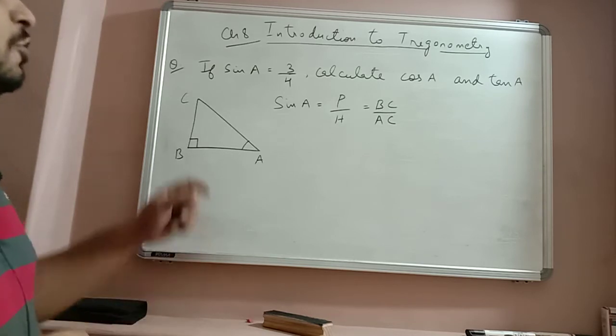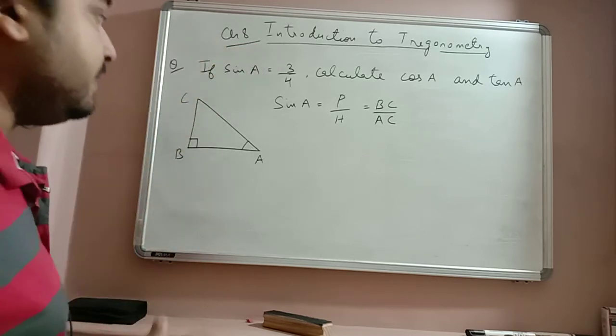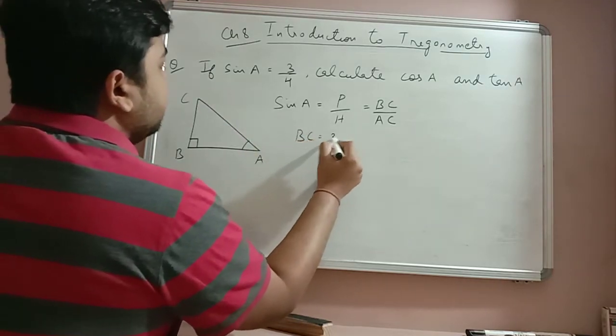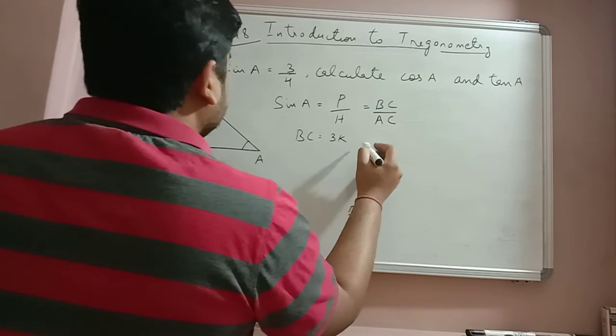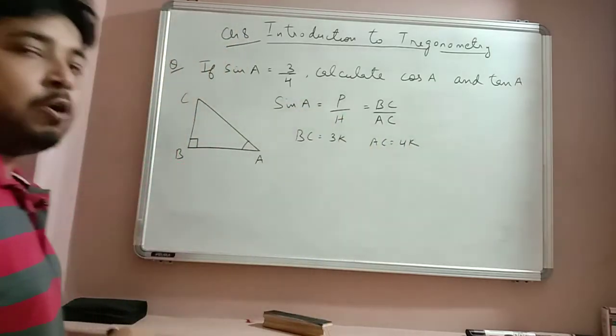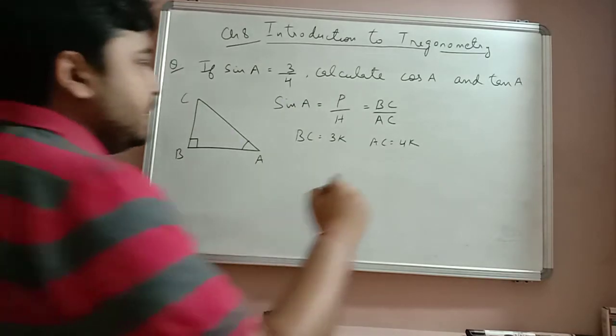Now since the ratio is 3 by 4, I can simply say that BC is equal to 3K and AC is equal to 4K, where K is some common factor.